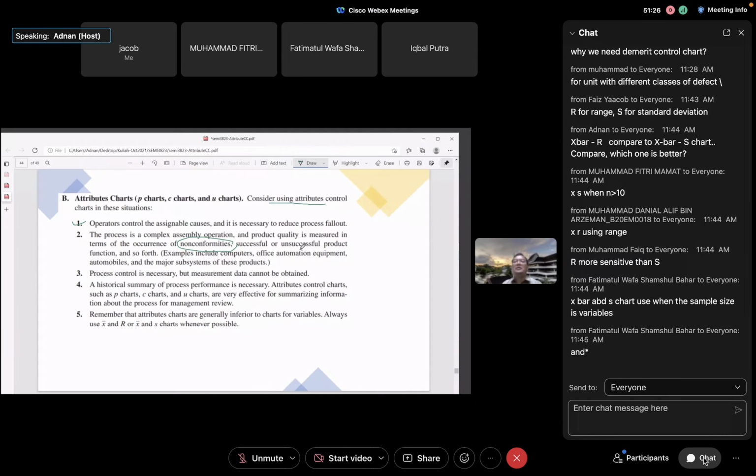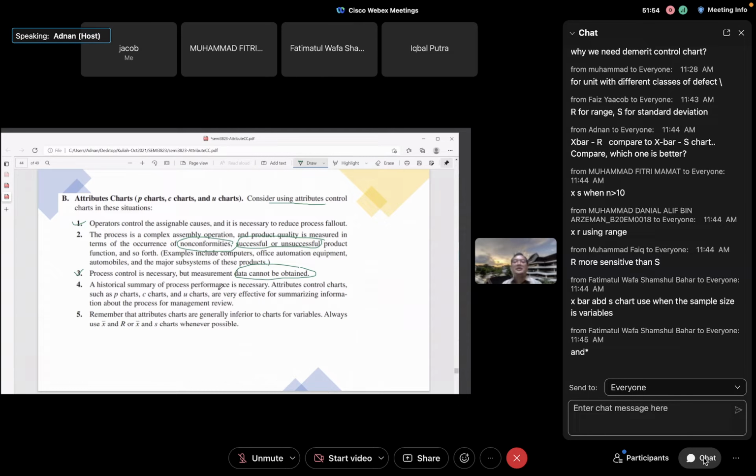It's successful or unsuccessful, so there is no measurement, just go and no go. So process control is necessary, but measurement data cannot be obtained. Sometimes it's not possible to obtain measurement data in terms of specific values for the parameter that we are measuring. So this is the only choice: use attribute.